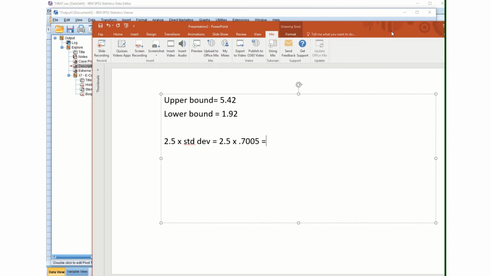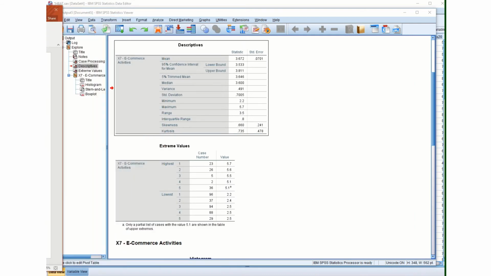So then that was going to equal our 1.75, and then our mean in this case was 3.672. So 1.75 plus or minus our 3.672. So it would be plus or minus. The mean is going to give us the bounds that we want to have. Okay. So just keep that in the back of your mind.